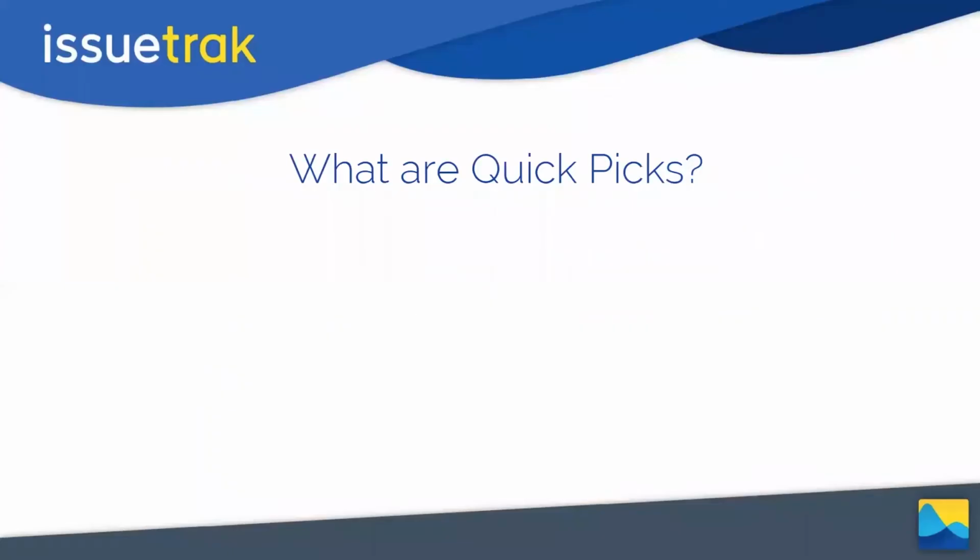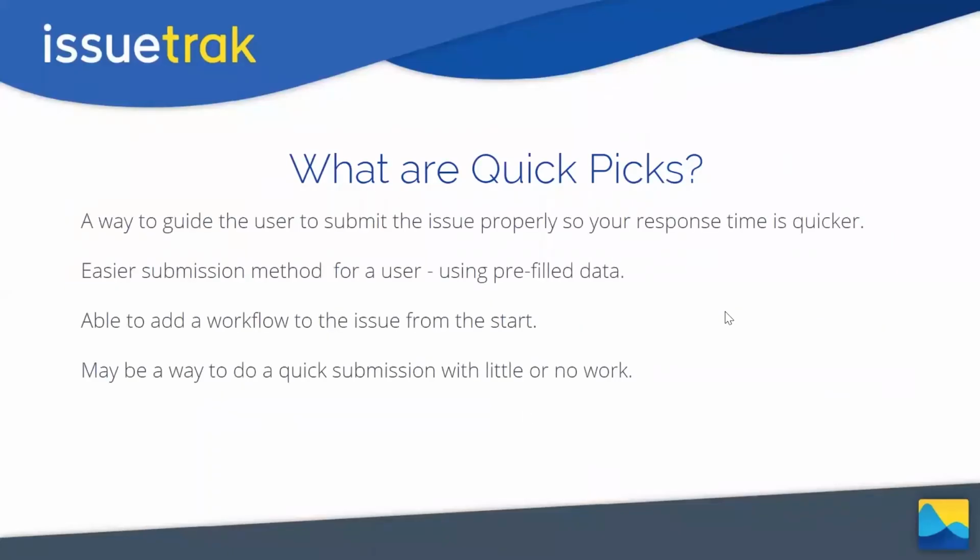So here, we're going to use what's called a quick pick. It's a guide to the user to submit the issue properly so that the response time can be quicker. In other words, I want to get as much information as they're going to give me. For example, if it's a new user add, I want to get information about who that user is and where they're going to be.